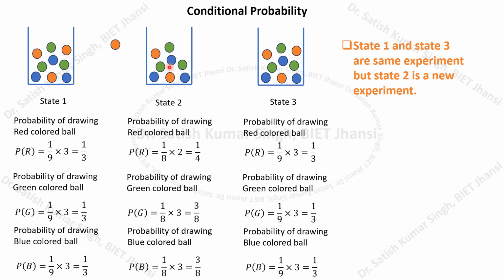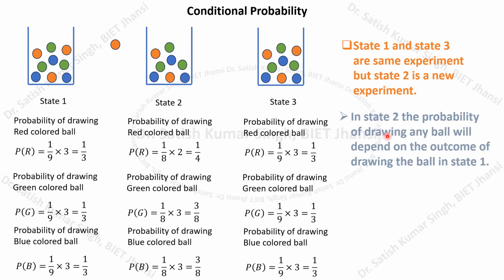So this container contains a number of balls which is different from state 1, and therefore drawing a ball from state 2 is a different experiment. In state 2, the probability of drawing any ball will depend on the outcome of drawing the ball in the first state.